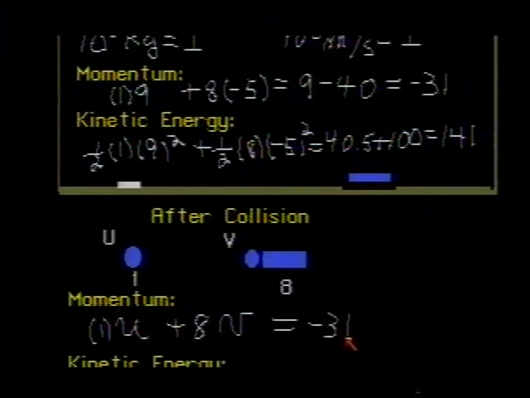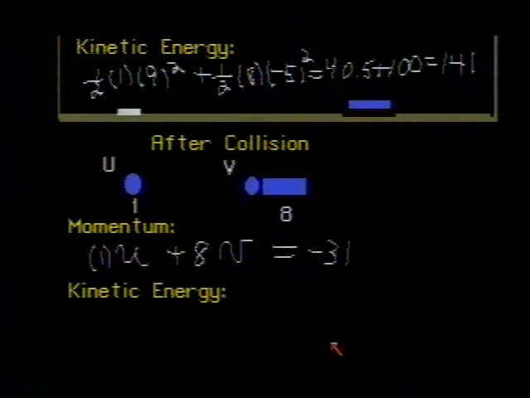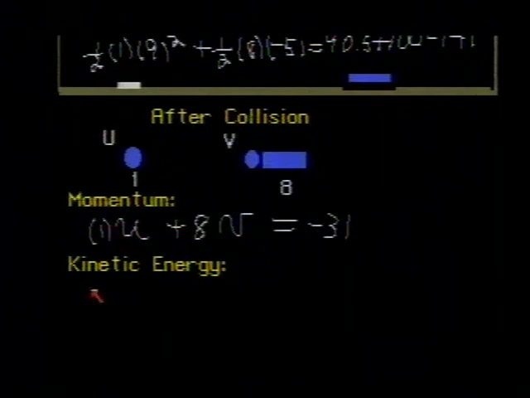The kinetic energy of the system after the collision is 1/2 times 1 unit of mass times u squared plus 1/2 times 8 units of mass times v squared.